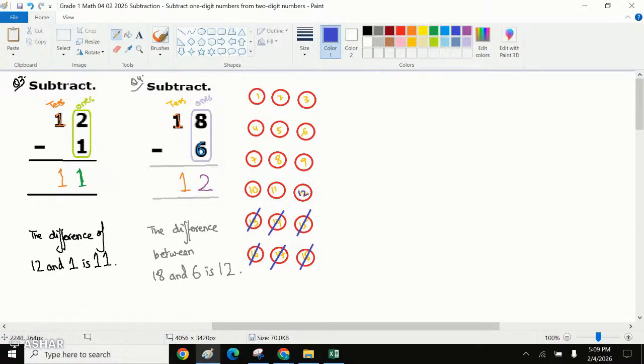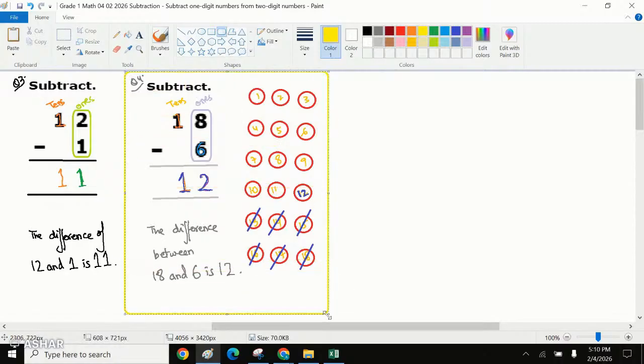The largest number as the answer would be 12, which we can verify over here. 12 is the greatest value that is left. Agreed? So once we are doing 2-digit numbers and 1-digit numbers, we can also do it through the shapes, or simply we do the ones first. We subtract the ones first, then we subtract the tens. Do we agree?